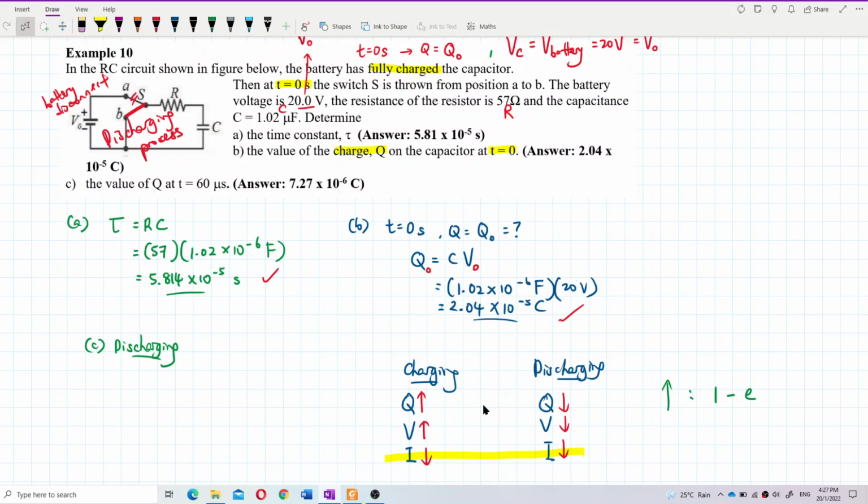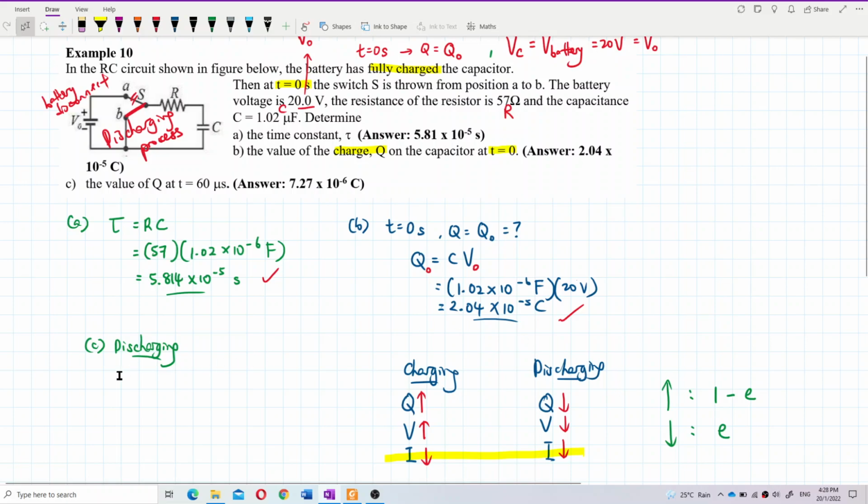If decrease, I always use epsilon. I already explained all this in the concept videos, so I don't want to repeat that.